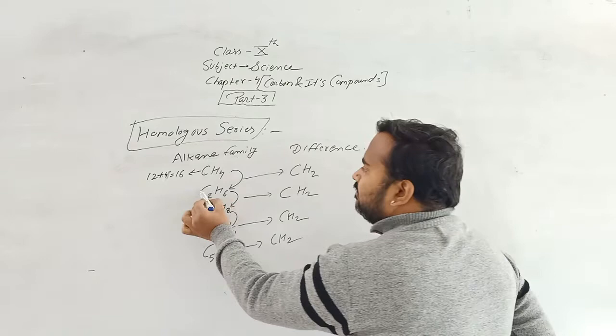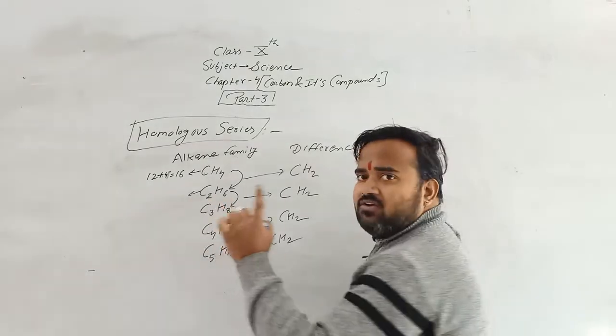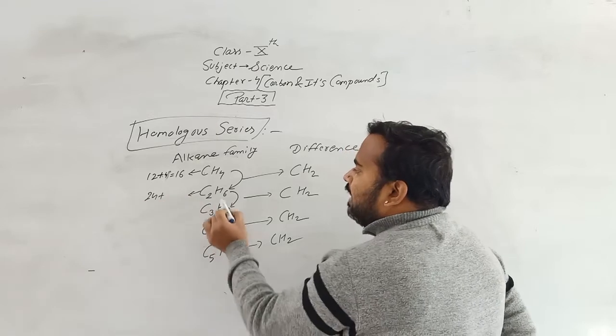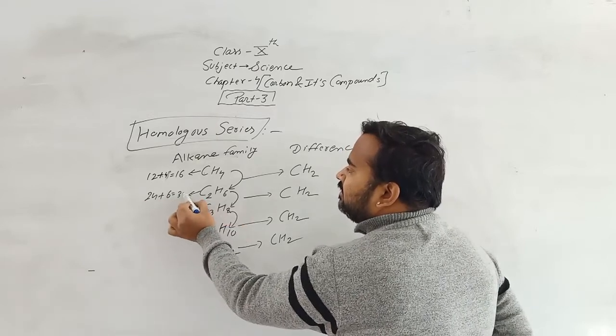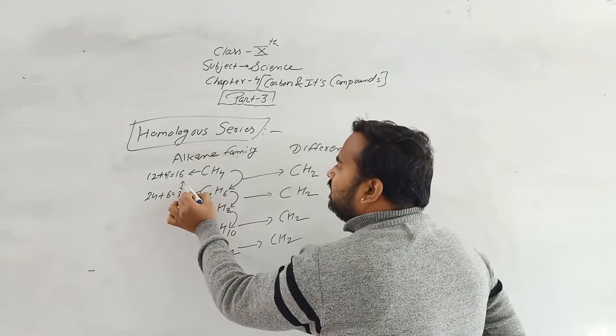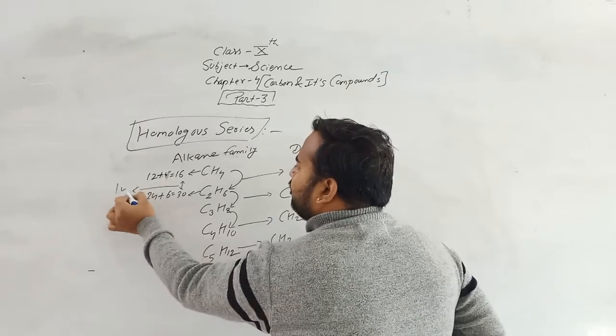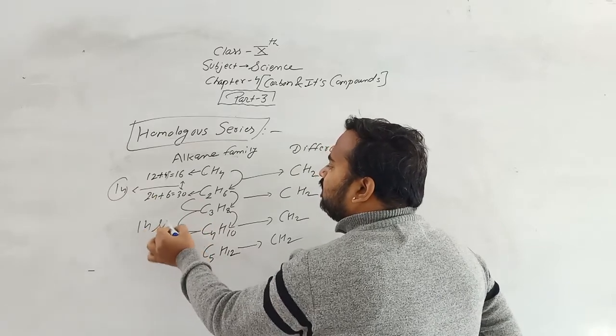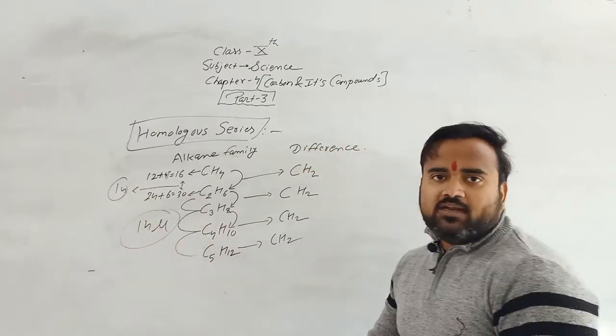If I write one carbon having 12 gram, so two carbon is 24 and 6, that is 30. So what is the difference? The difference is 14. So each member has a difference of 14 atomic mass unit.